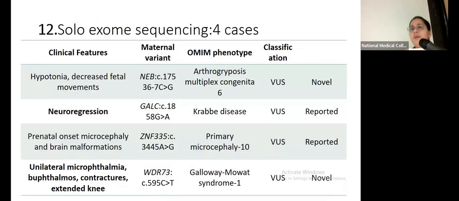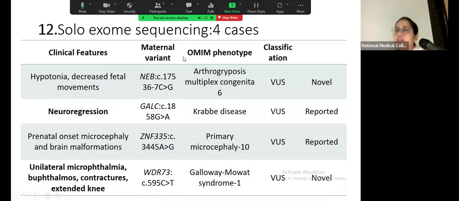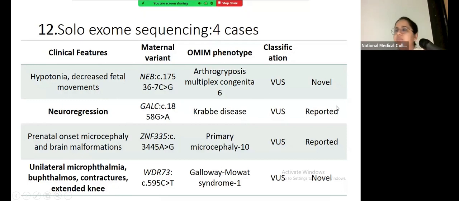Then there was another reason of VUS in our study, which was solo exome sequencing, where the male partner did not undergo testing. So in 4 such cases, the maternal variant that we found was actually matching with the clinical features in the proband, but many of them were known and many were reported novel, and they were classified as VUS.